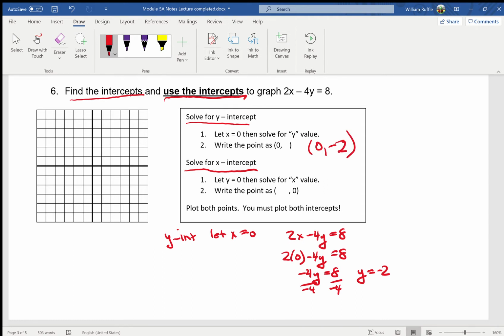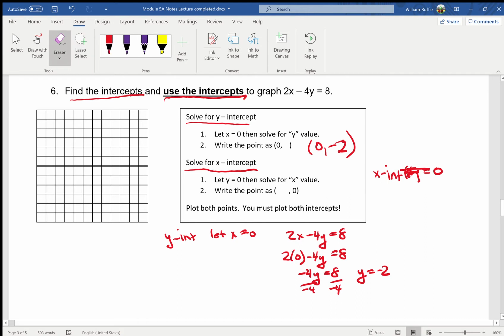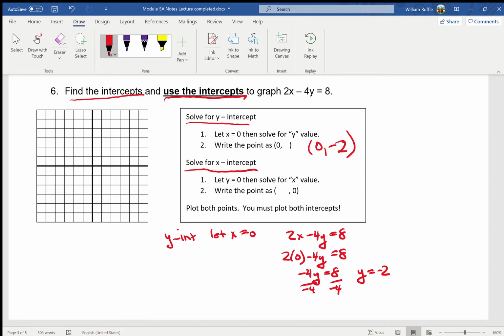To find the x-intercept, I'll do it on the side here. I let y equals 0. Oops, that's pretty sloppy. Let me write that better. So we're going to do the x-intercept. We let y equals 0.